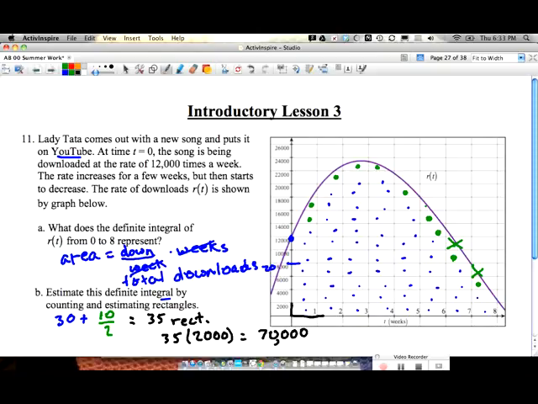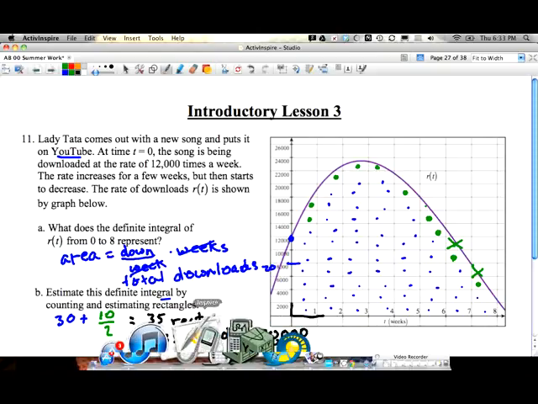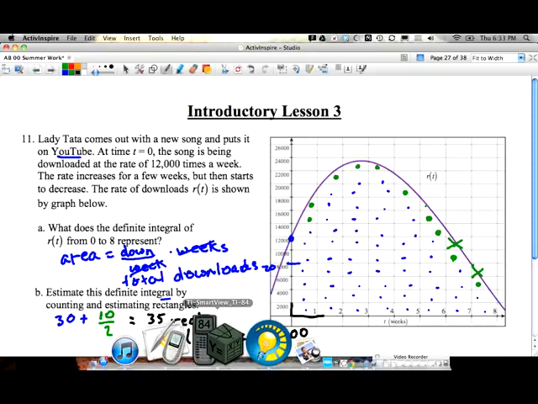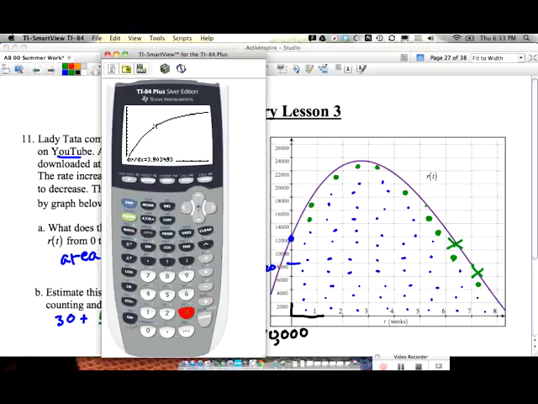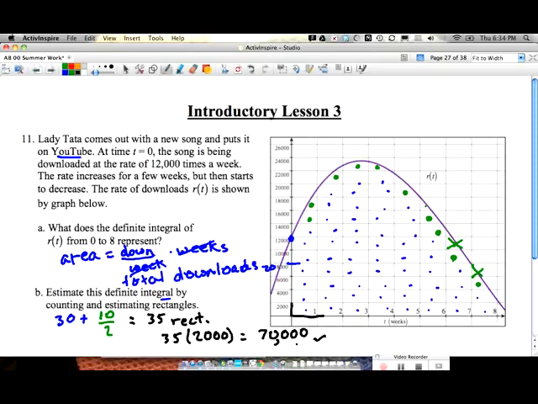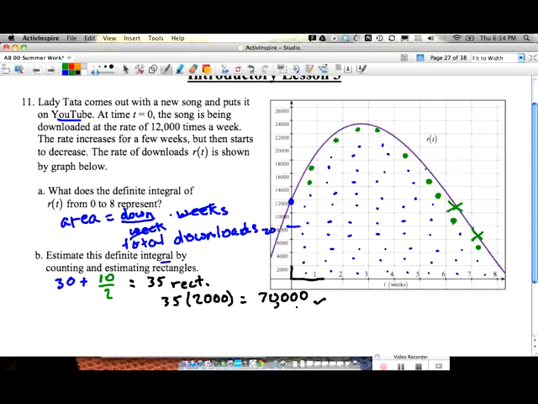It's not as much as I was expecting. Maybe I'm off by something here. Let's double check it: 35 times 2,000. 70,000, so that's right. Check, 70,000 downloads.